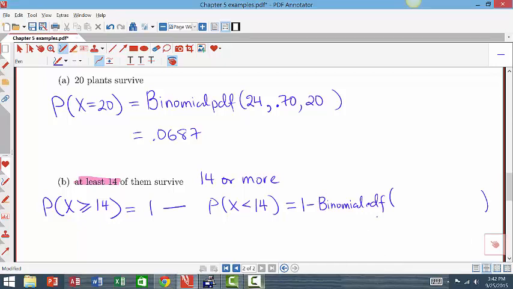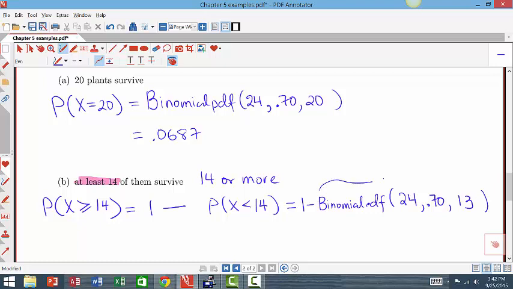So when I write it like this, 24, 0.7, and 13 goes over here, this probability will be the summation of all probabilities of successes 0, 1, 2, 3, all the way to 13. That's how your calculator is programmed.